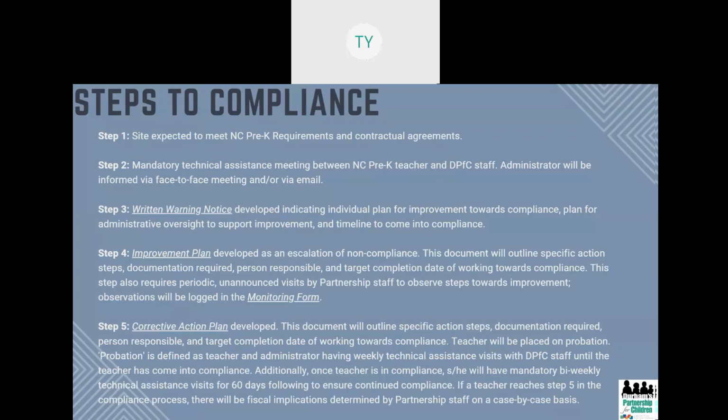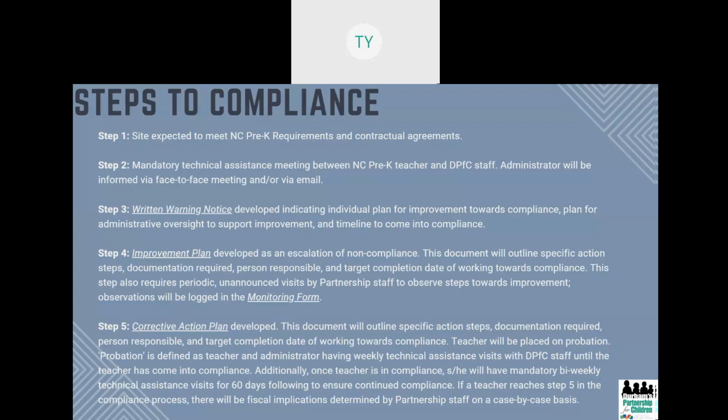If for whatever reason you are not able to meet the requirements by the designated timeline on this form, it is escalated to step 4, which is where you'll be introduced to both the improvement plan and the monitoring form. So the improvement plan was developed as an escalation of non-compliance. Again, it outlines specific action steps, documentation required, who is responsible for these steps and documentation, and a target completion date.